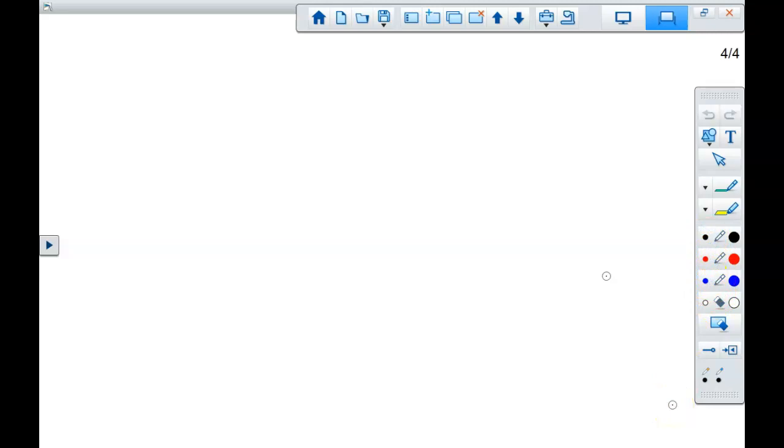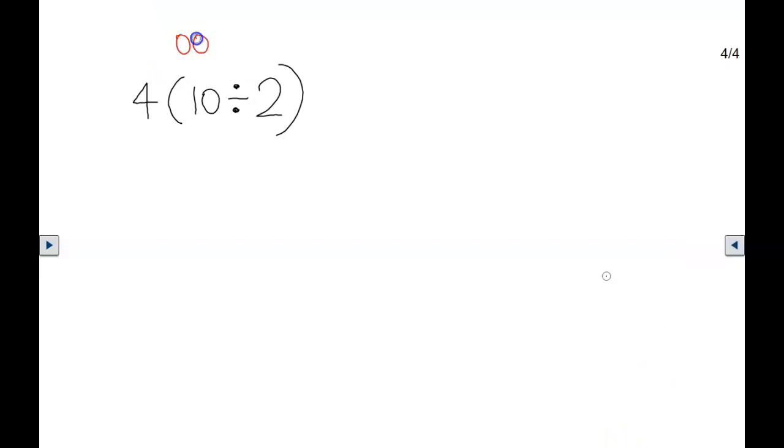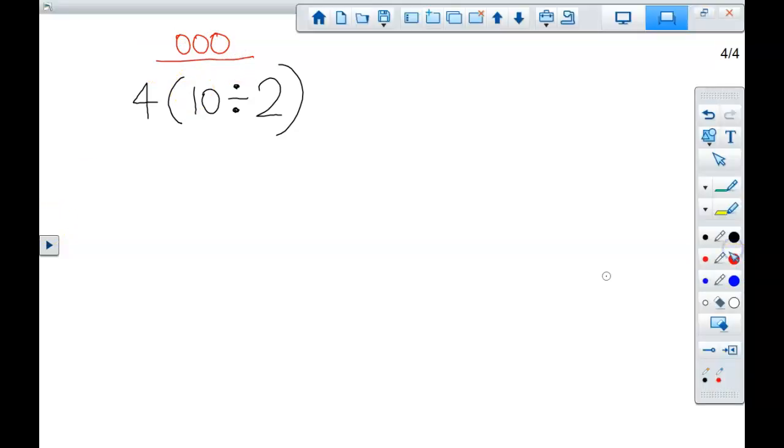All right, so one more problem here. Let's say that I want to do 4 times 10 divided by 2. Let's do that first with order of operations.